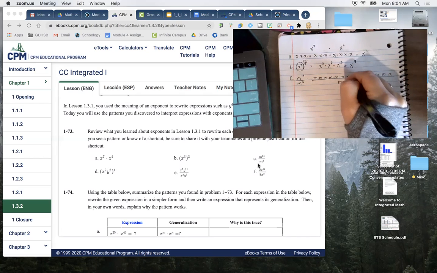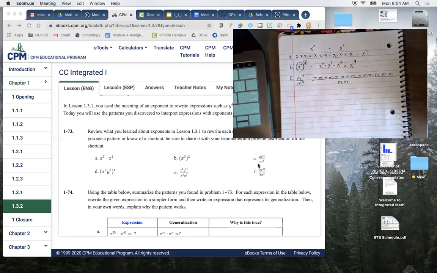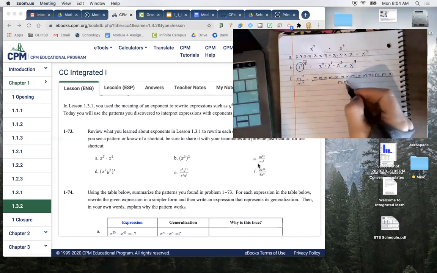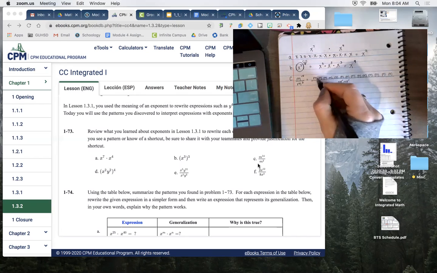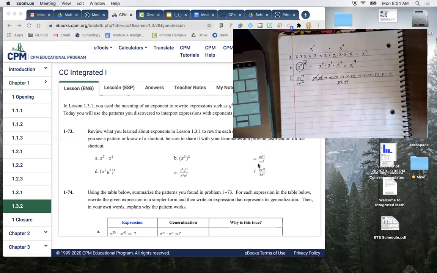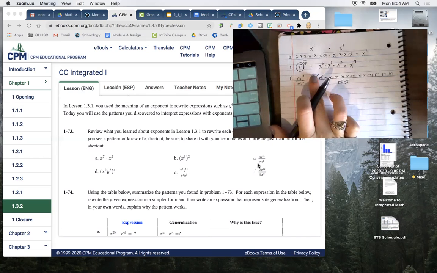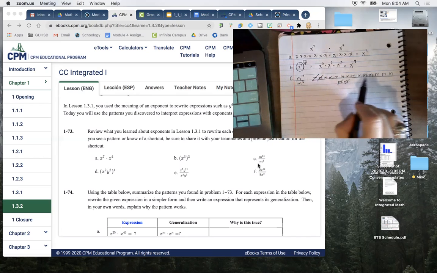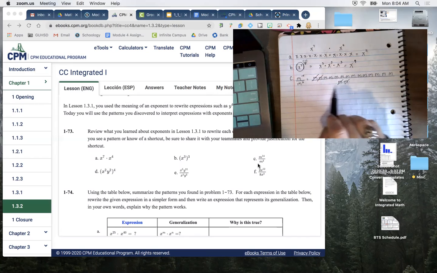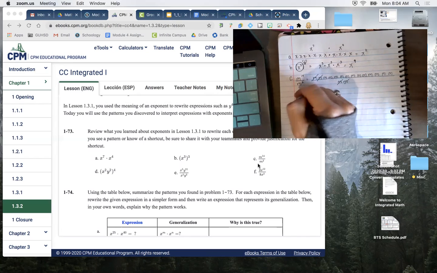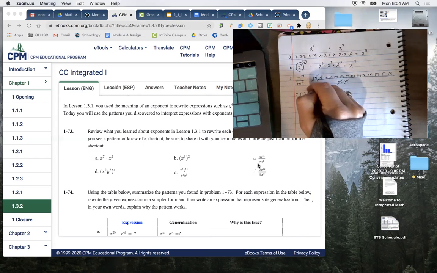And I have 2 m's down below, m times m. Well, what we can do in math when we have this is I can cancel out 2 of the m's on top and bottom. So I'm left with 12 m's on top. So I'm left with m to the 12th power on top.